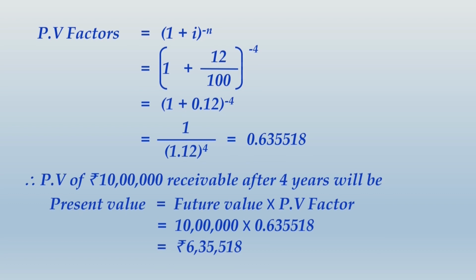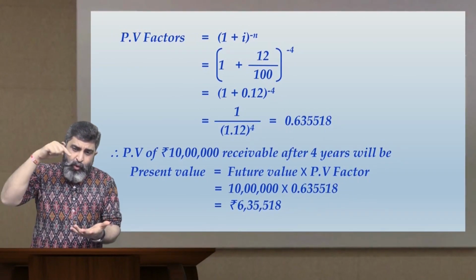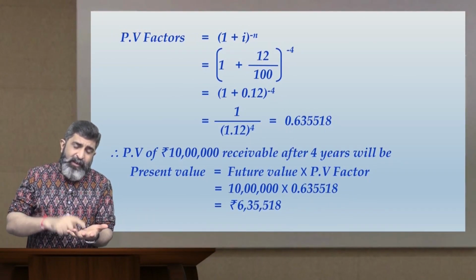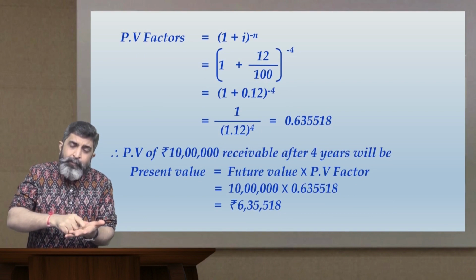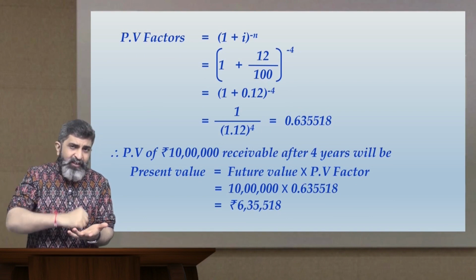Do you know what is the implication of this calculation? It means that suppose you have rupees 6,35,518 today and you invest it for 4 years at interest rate of 12% per annum.